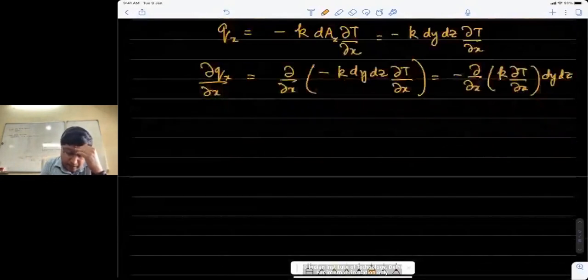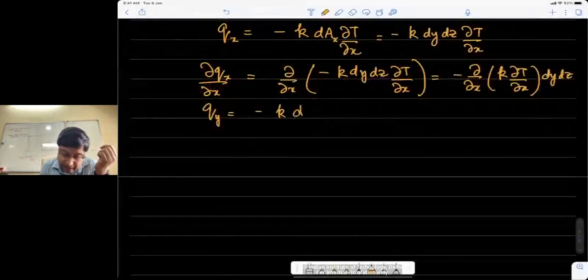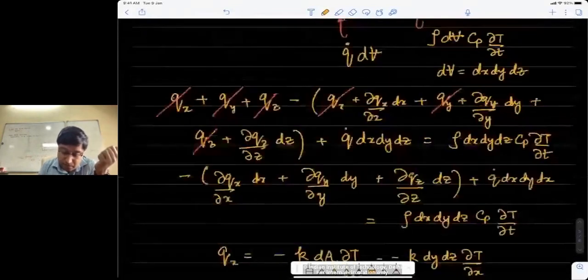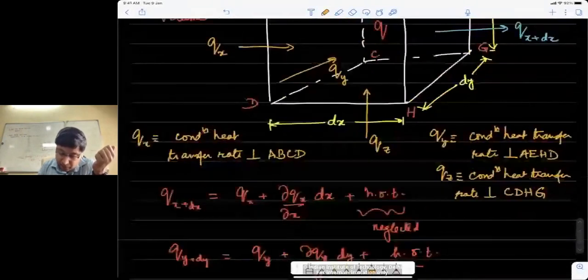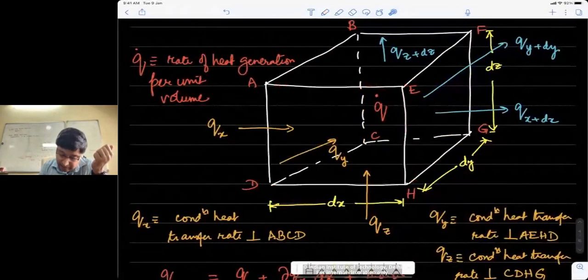Similarly, we can write Qy, which would be minus k, again with an area dA, dT/dy. Which area will that be now? If we go back here, Qy is coming into this face, which is AEHD. The dimensions of that face are dx into dz.